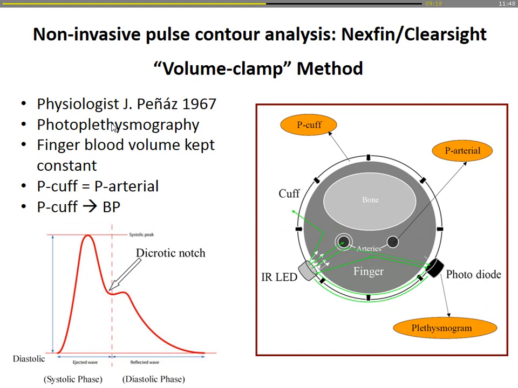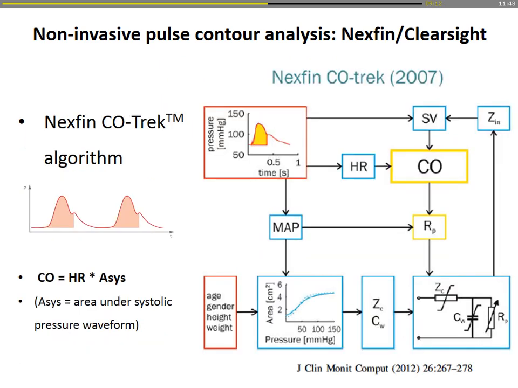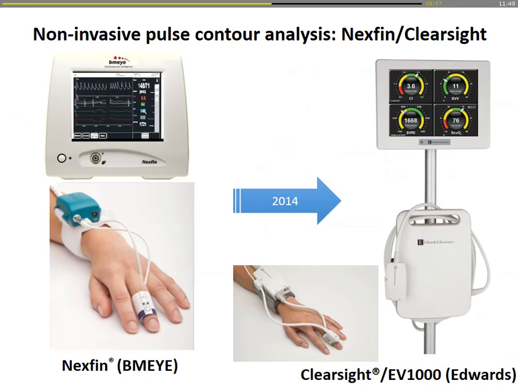This principle is based on the Czech physiologist Peňáz, who described this already in 1967. And from this pressure signal, then again, by applying this algorithm, you can derive cardiac output information from the pressure signal, as with the previous techniques, by applying it with heart rate.